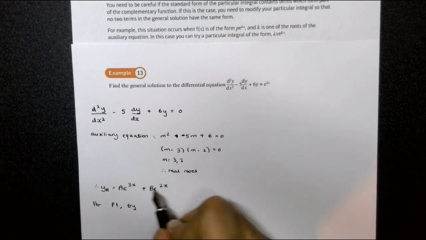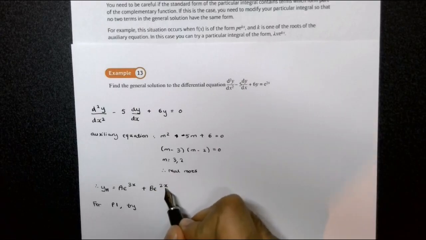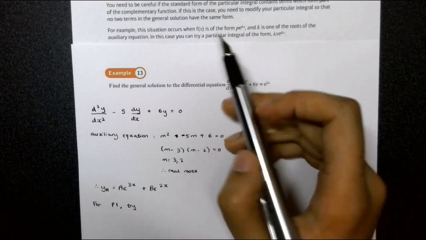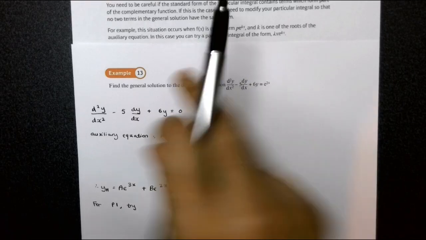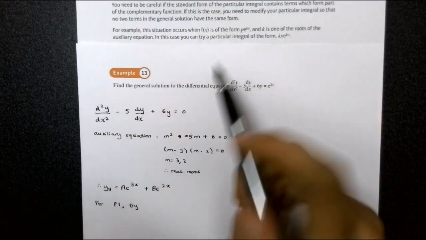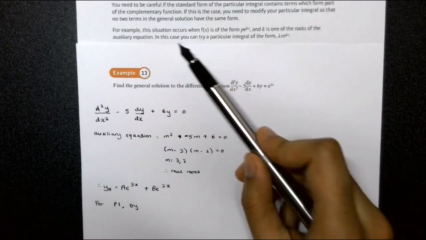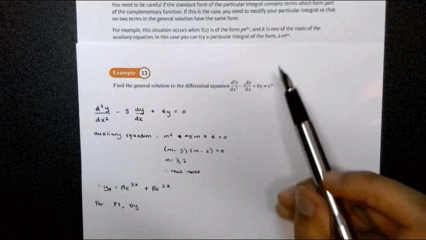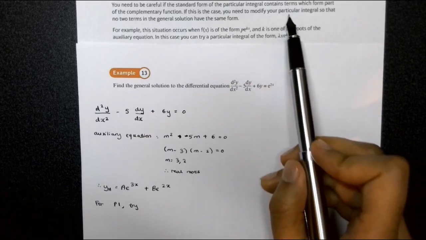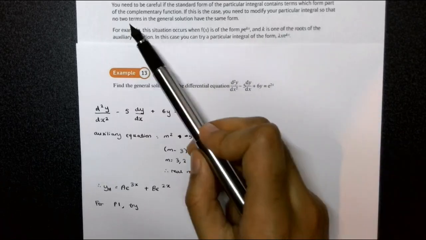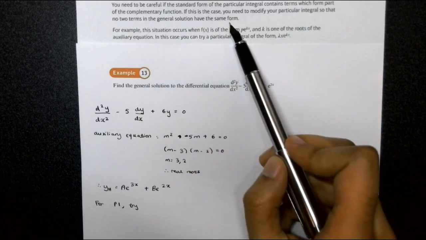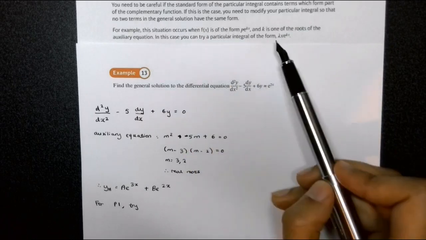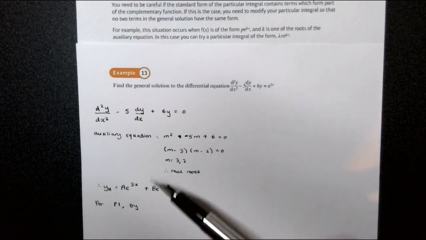That's because you'll notice here we've got a e to the 2x term as well, and we see that in this paragraph over here. So what we'd have to do instead is modify our particular integral so that no two terms in the general solution have the same form, and we do this by multiplying by x.